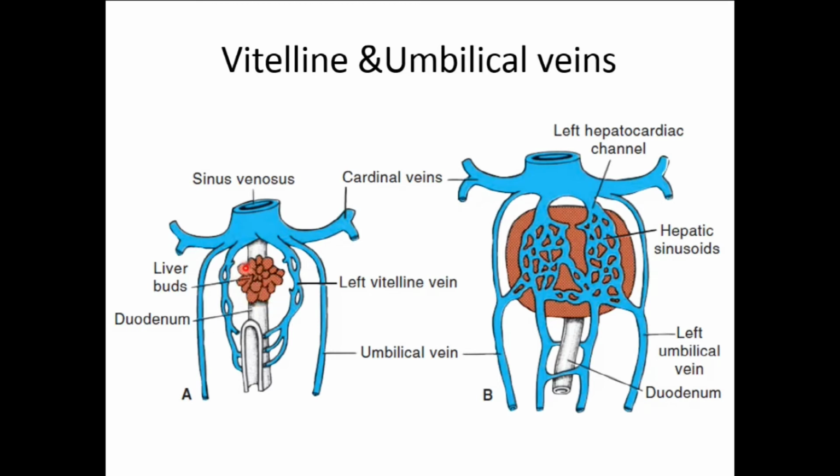The liver bud has just started developing, but later on, when the liver starts to grow up, the Vitelline veins are interrupted by the development of the liver, and they will branch, that is the Vitelline veins will enter the liver, and they will branch to form sinusoidal capillaries called the hepatic sinusoids in between the plates of the hepatocytes.